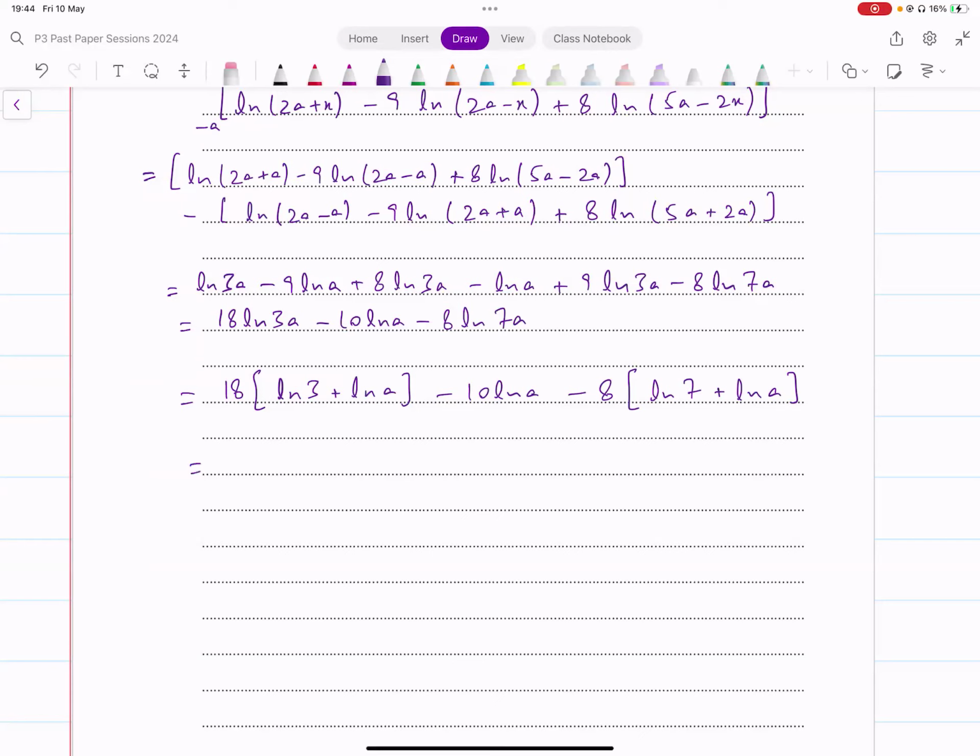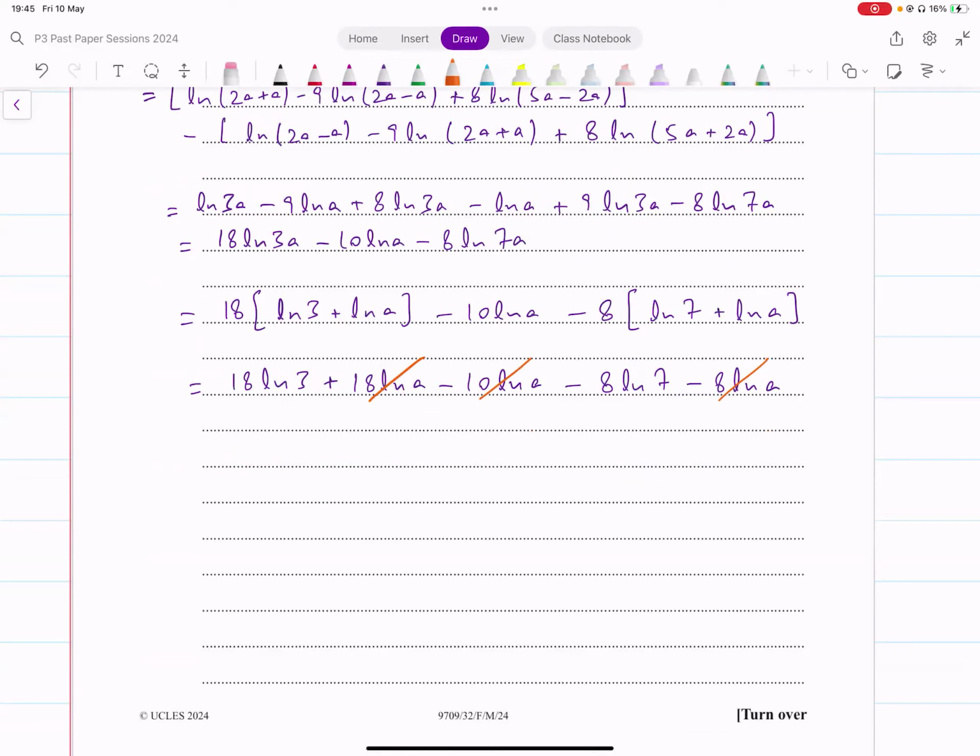And now if I simplify this, it gives me 18 ln 3 plus 18 ln a minus 10 ln a minus 8 ln 7 minus 8 ln a, and there we have it. We get rid of the terms that have a in them, right? 18 minus 10 minus 8, they get eliminated, and we're just left with 18 ln 3 minus 8 ln 7.